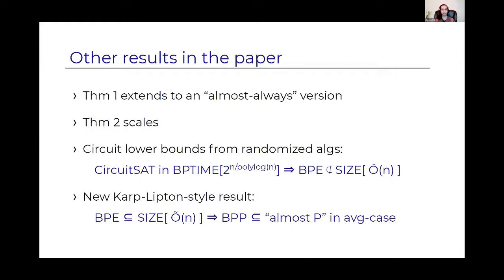We show that randomized algorithms for circuit sets that run in time mildly faster than brute force imply non-trivial circuit lower bounds. And in a result that seemingly has nothing to do with ETH, we show a new Karp-Lipton style result, where a collapse in the non-uniform world of circuits leads to a very fast simulation of BPP.